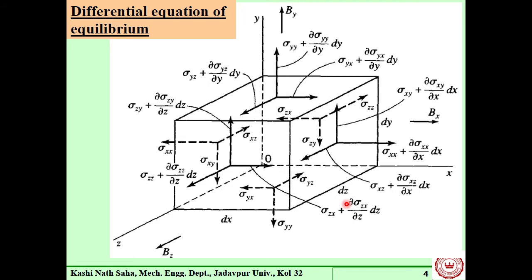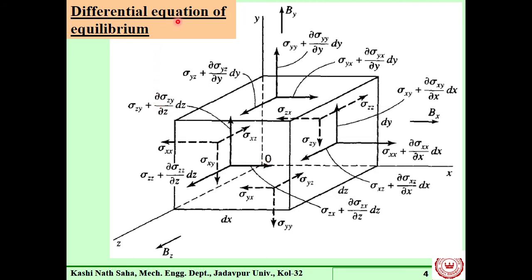Now we are not discussing a point, we are discussing this particular volume. The equation we get from this elemental volume would remain valid for the entire body. So if we start from Cauchy's equation, we obtain the state of stress at a point only.